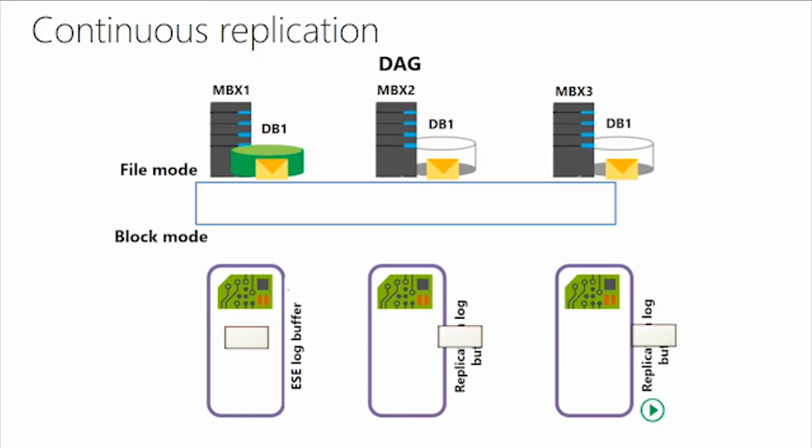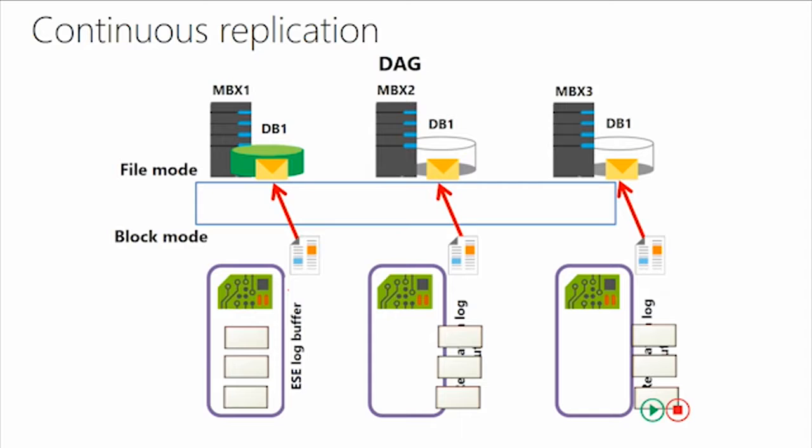So it's sort of more up to date when it uses block mode, because it's copying the log transactions from memory in the ESE log buffer on those servers to the other servers, and then it applies it to those servers, and it keeps the databases up to date. Each server then generates a log file on its storage and then applies it to the database on that server specifically. So it's a nice way of keeping those databases up to date.